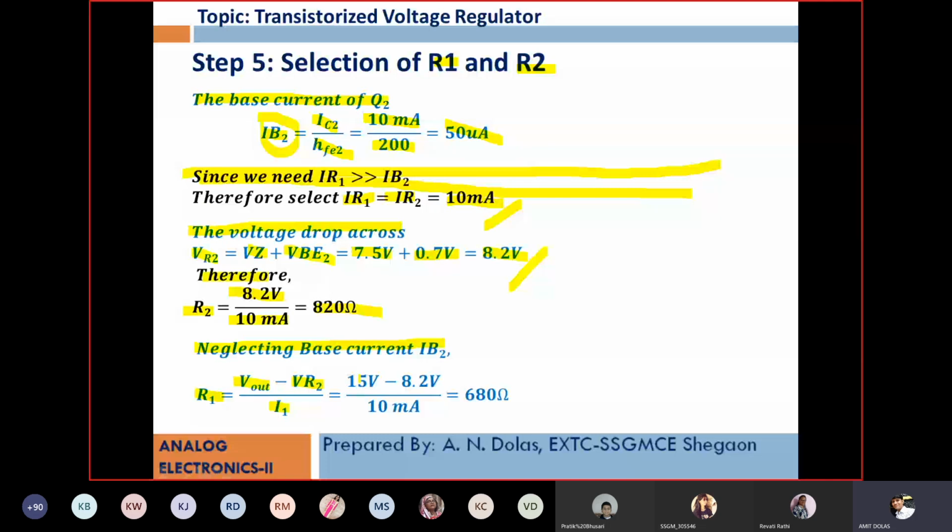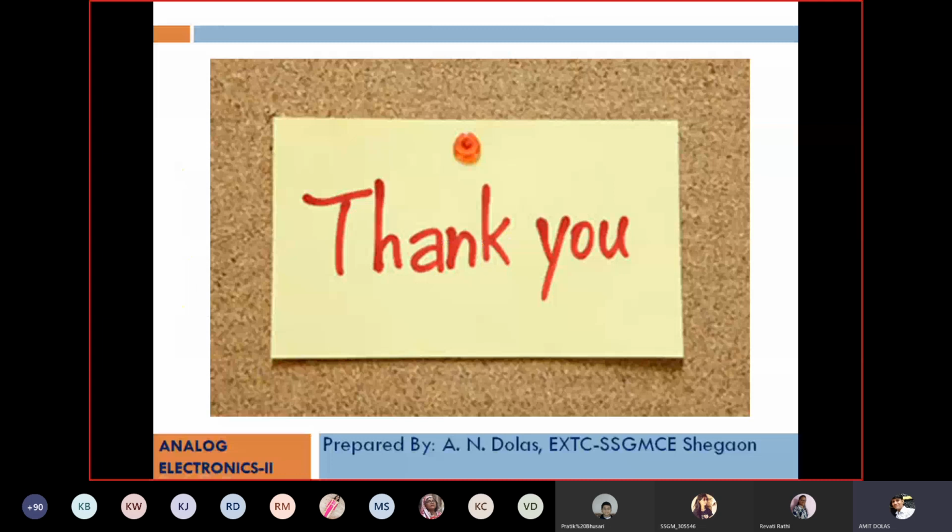So 15 minus 8.2 divided by 10 milliampere, 680 ohm is the value of resistance R1. So here R1 and R2 are selected by this method. And lastly, you may calculate the stability factor by using the stability factor formula. So this was all about the transistorized voltage regulator and its design numerical.